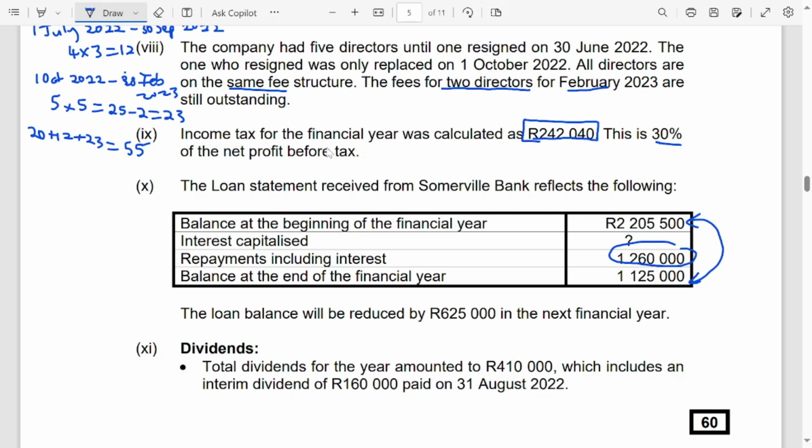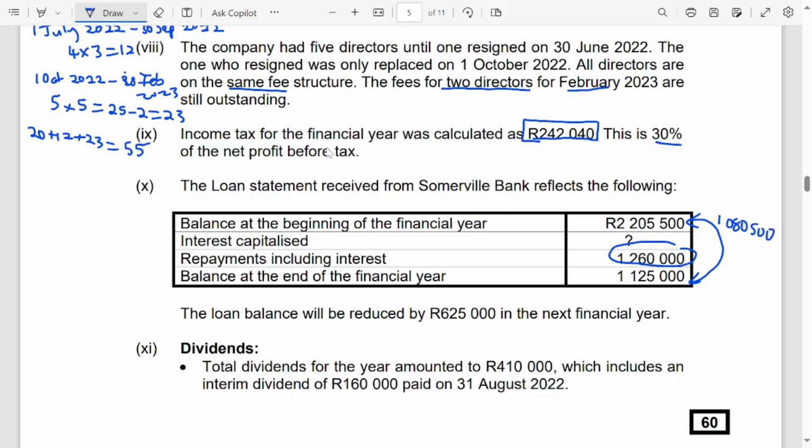So it means that there is a payment that was made, and we need to find that payment. So we have to find the difference between the balance at the beginning and the balance at the end. That's going to be 1,080,500. So it means that the loan decreased by this amount.